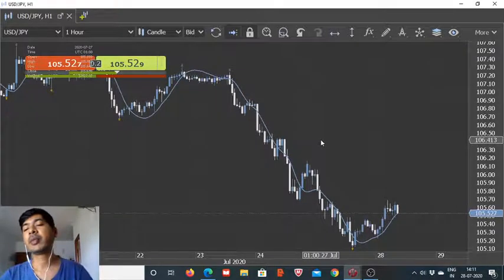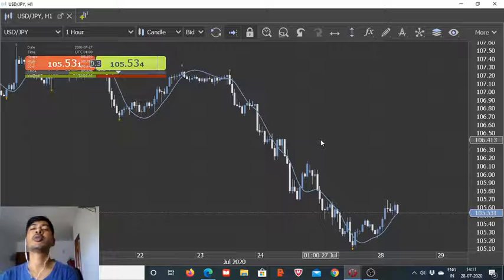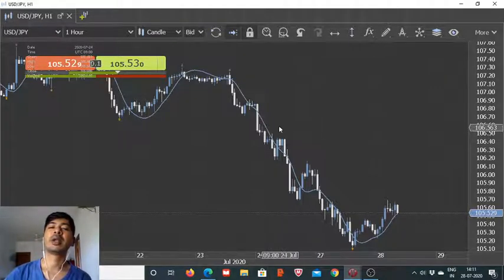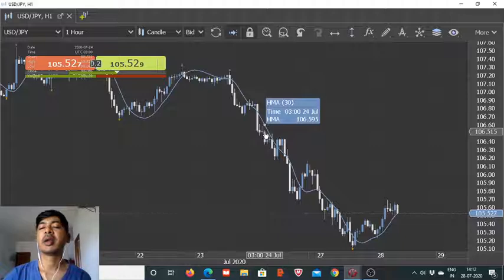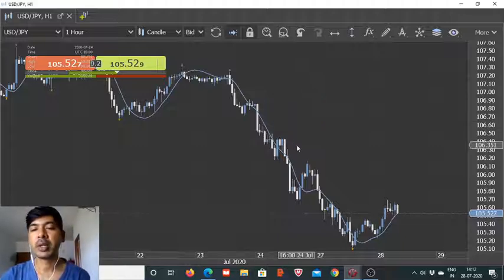And we can also define multiple HMAs of, say, different time periods, and you can also use a crossover kind of strategy, and also you can do the comparison.